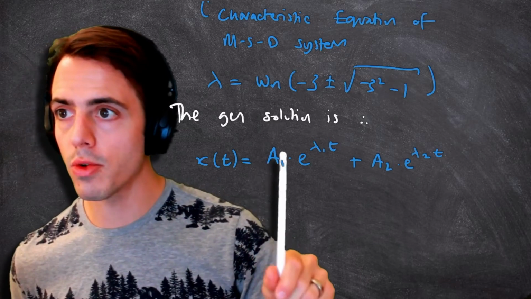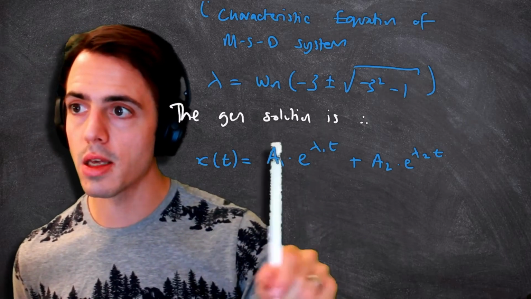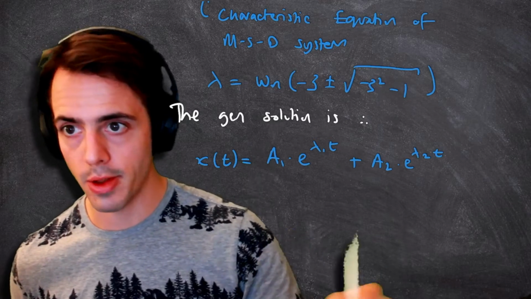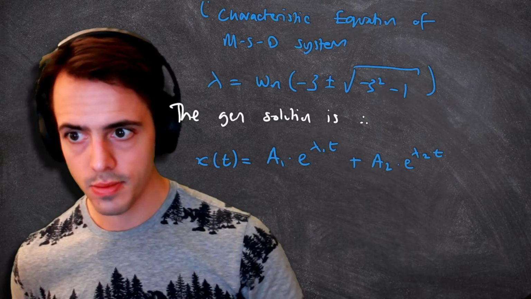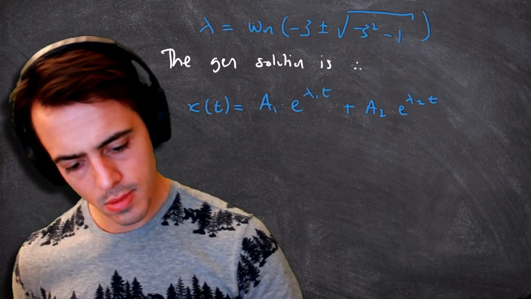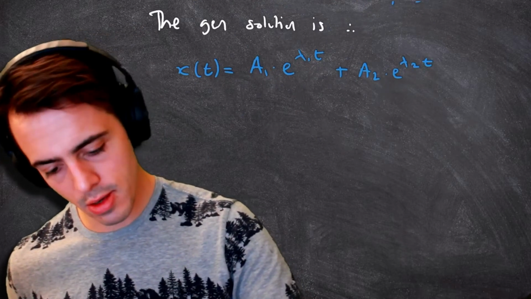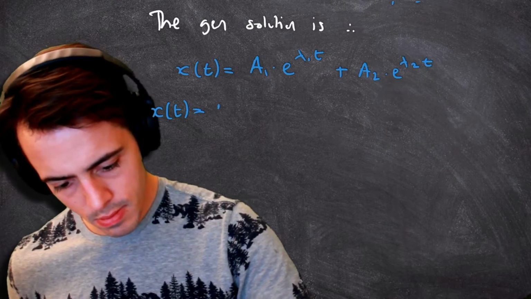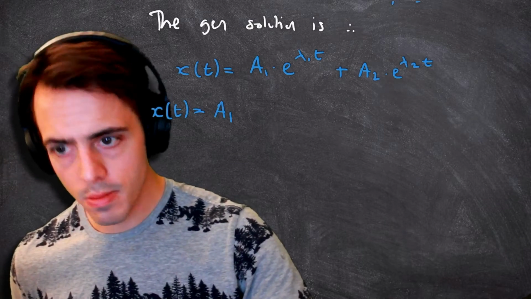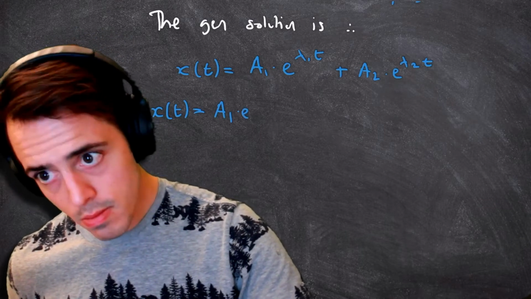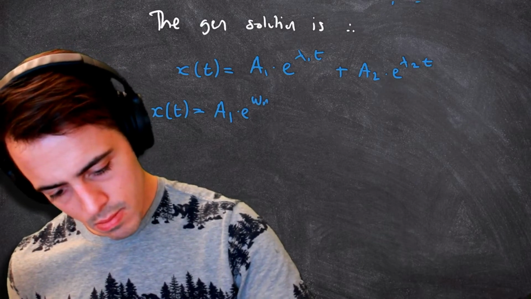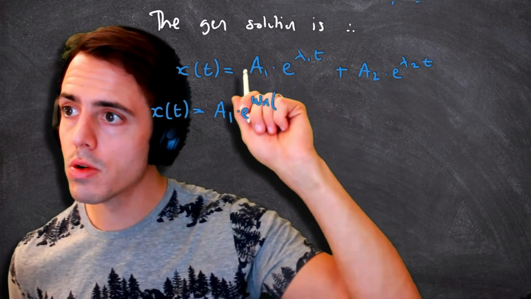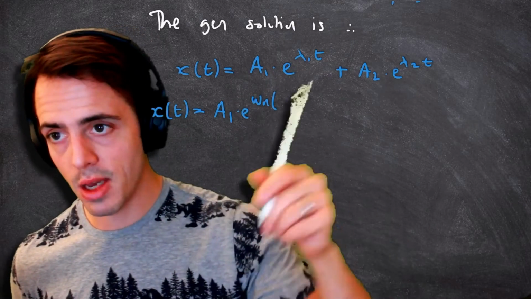Remembering we have two roots, because we've got the plus and minus sign here. So the general solution is going to be a function of those two roots and then these two amplitudes, a and b. I could then rewrite this whole expression, substituting the general expression for the roots lambda into it.